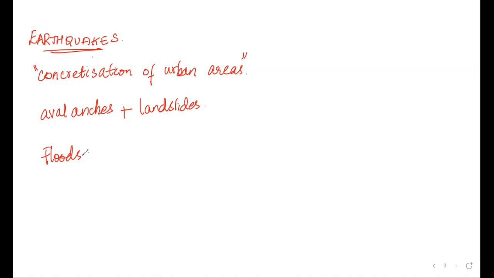What triggered that tsunami? It's basically an earthquake. So an earthquake can also cause these kinds of different effects.